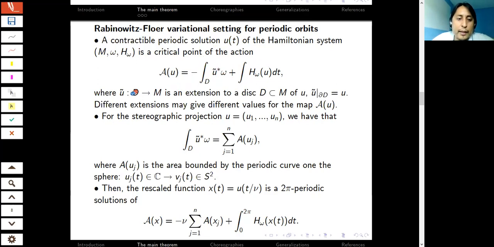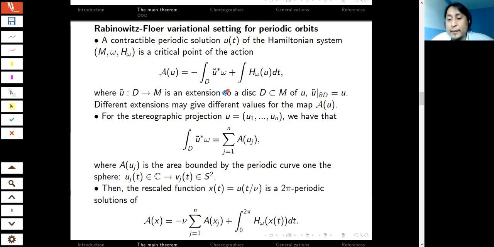So what is U tilde? U is a periodic path on the manifold M, so U tilde is going to be an extension to a disk. U tilde is a function from a disk to the sphere, which is an extension of U.